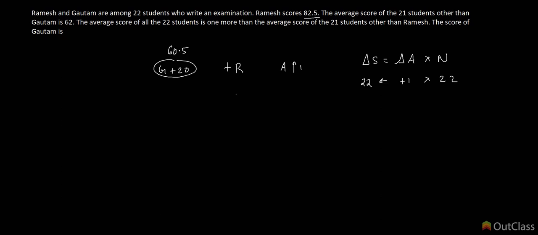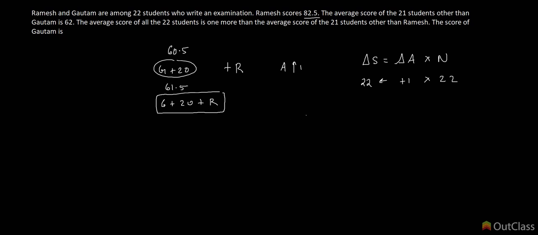G plus 20 had an average of 60.5. Ramesh comes in with his 82.5, bringing in a surplus of 22, which is distributed equally across 22 people to raise the average by 1. Now, that also means that G plus 20 plus R, the average of the 22 people, is 61.5.